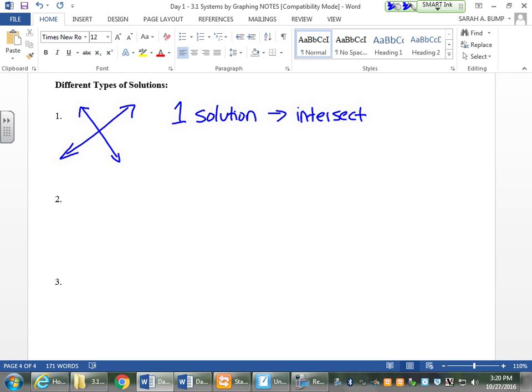In order for them to intersect, they have to have different slopes. So you could have like y equals 1/2 x plus 2 and y equals 3/4 x minus 7. As long as the slopes are different, they will cross one another. It's when the slopes are the same that we'll have special types of answers.